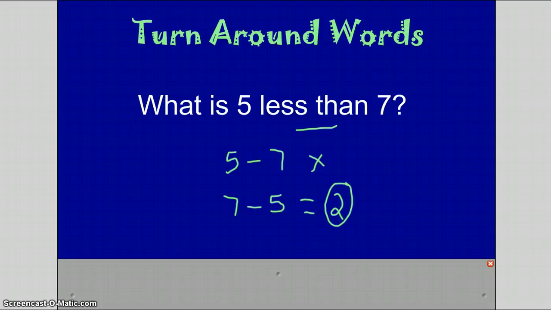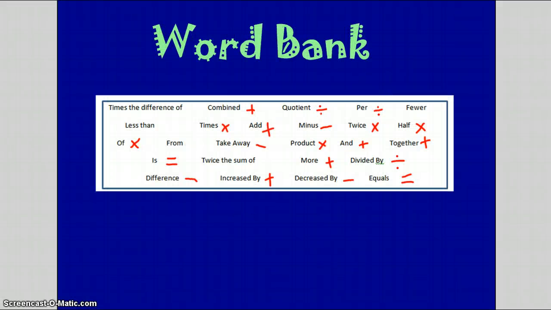So if I just go back to our word bank for a second, fewer is going to be subtraction, but I'm going to give it that turnaround symbol as well. Less than is what we just talked about, subtraction with the turnaround symbol. From, subtraction with the turnaround symbol.